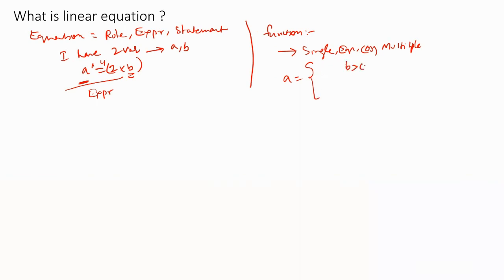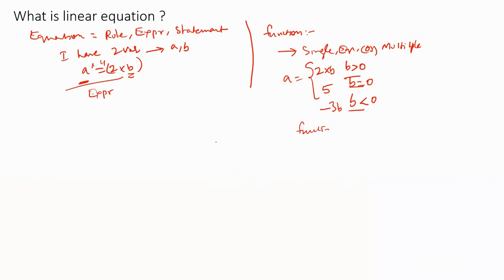When b is greater than 0, I will define one relationship like a equals 2 cross b. When b equals 0, I'm going to define it as some value, like a for that condition. When b is less than 0, I'm going to define it as a equals minus 3b. So for different instances, I defined different relationships with a. So this process we call a function.